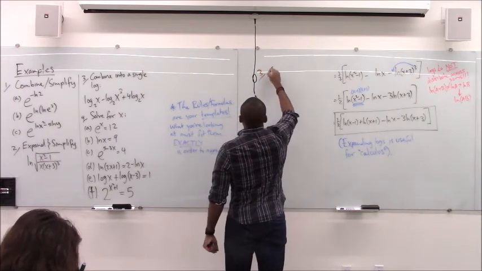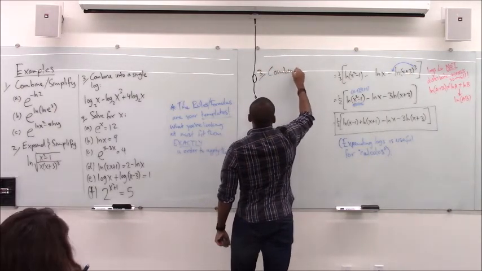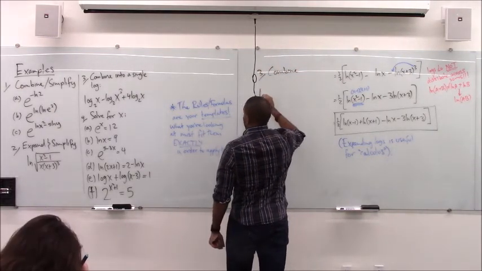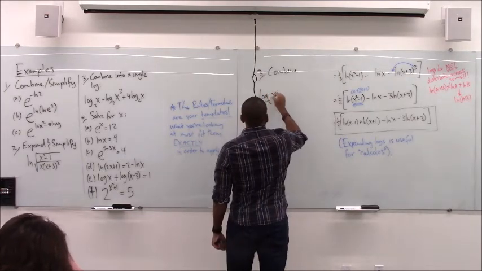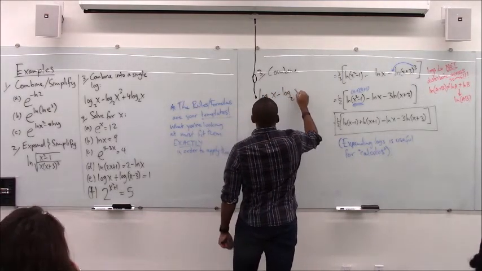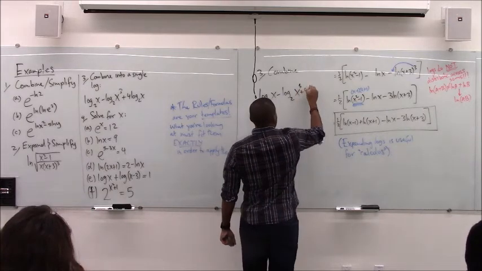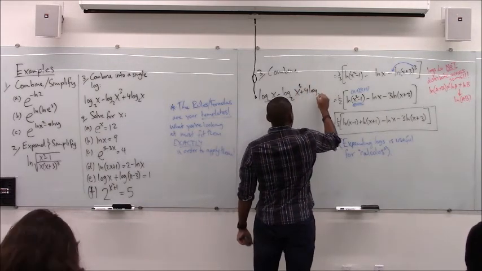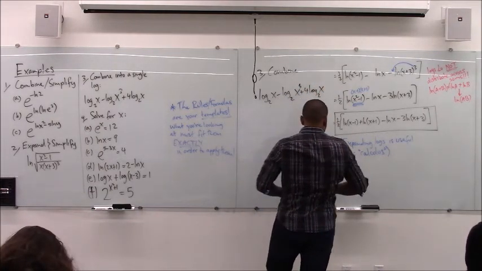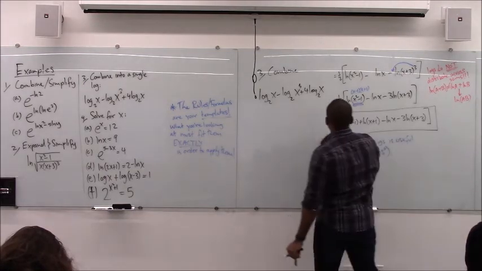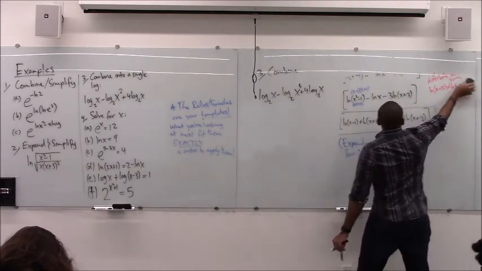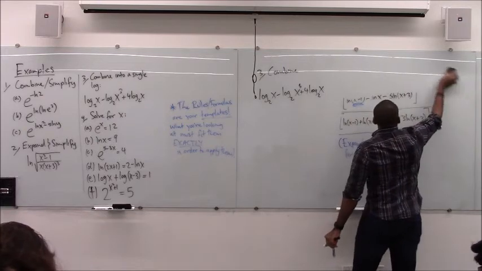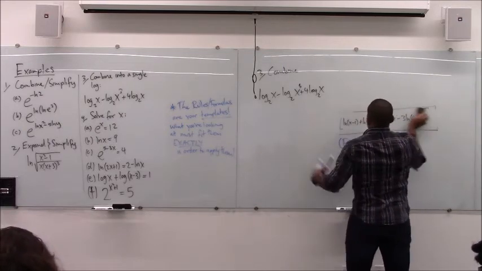3. Now we're going to look at combining the logs, which is important for a different reason, but it's also an important skill to know. How do we go about combining?